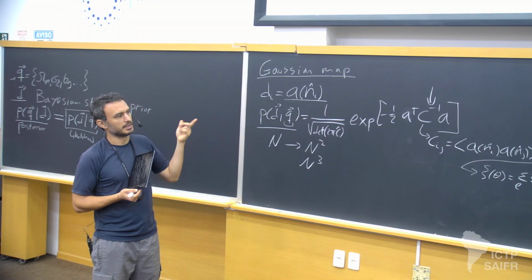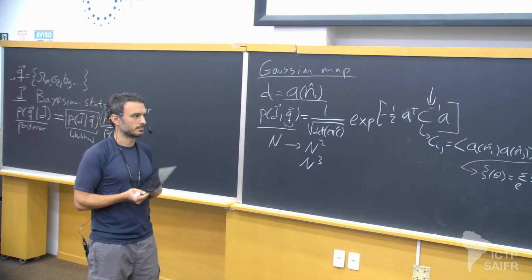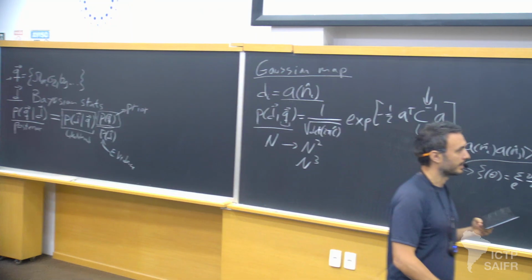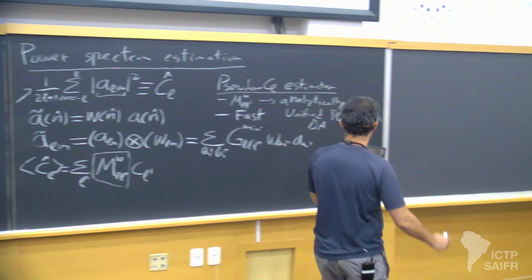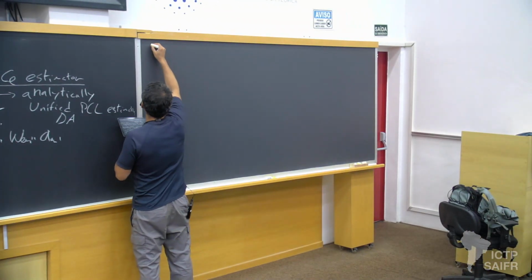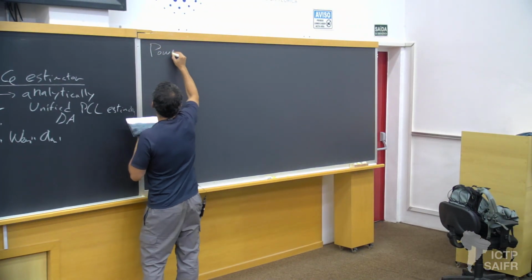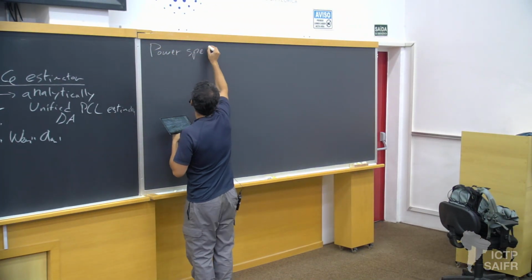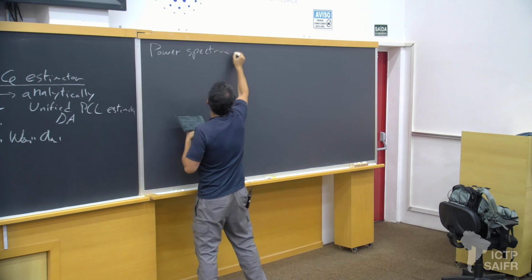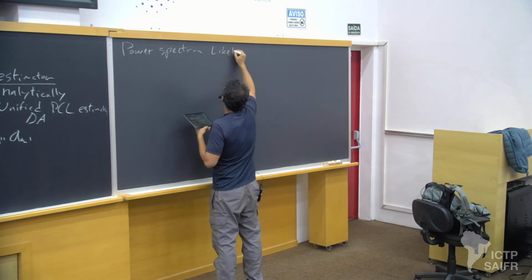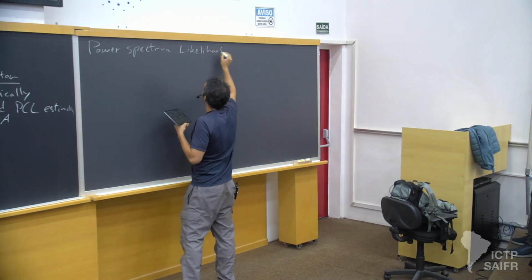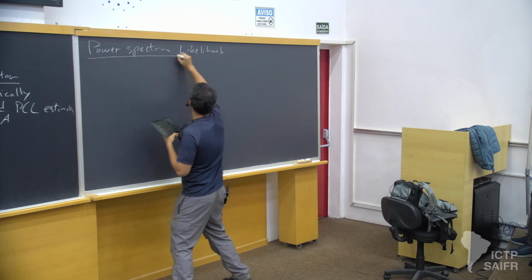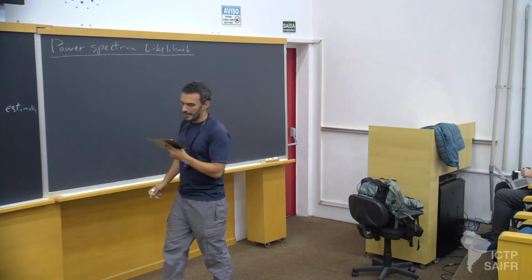We now still need to calculate the likelihood of this power spectrum, right? But it turns out that that's really easy.